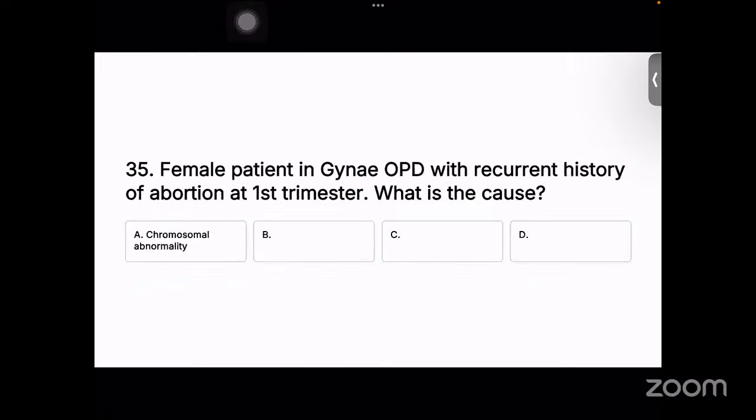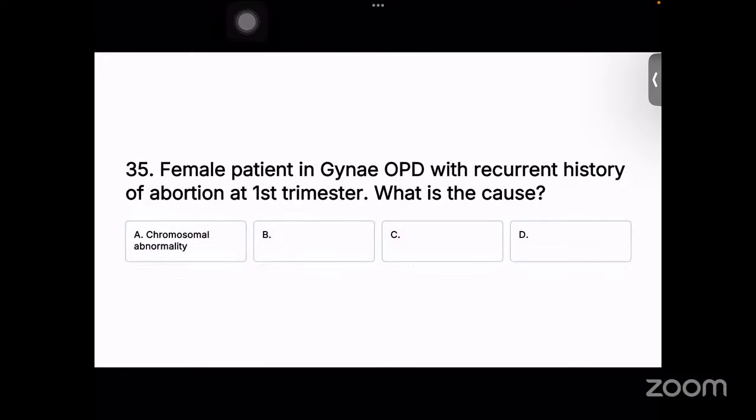Female patient in gynae OPD with a recurrent history of abortion in the first trimester. The most common cause of recurrent first trimester loss is always chromosomal anomaly. Apart from that, you have to rule out antiphospholipid antibody, as well as thyroid and pelvic ultrasound.